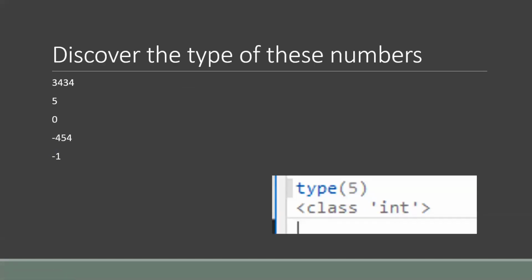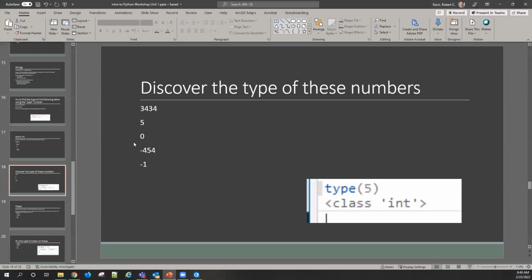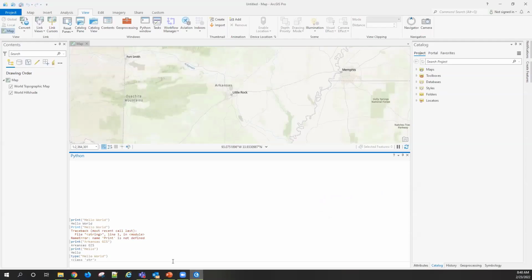So why don't we go through a couple examples here with our type function and see if it all shows the same type. We'll open up our handy dandy Python window here. I'm going to say type and enter 5. We get int.